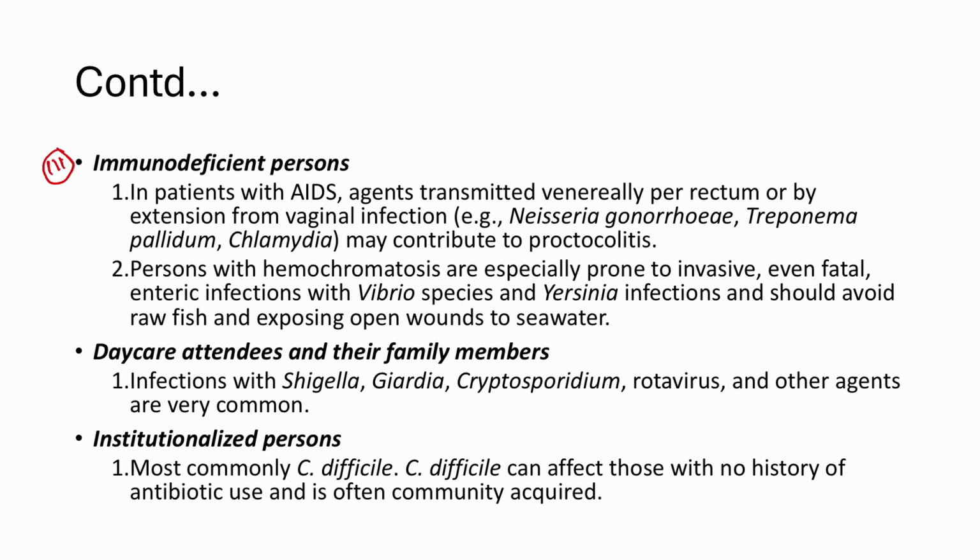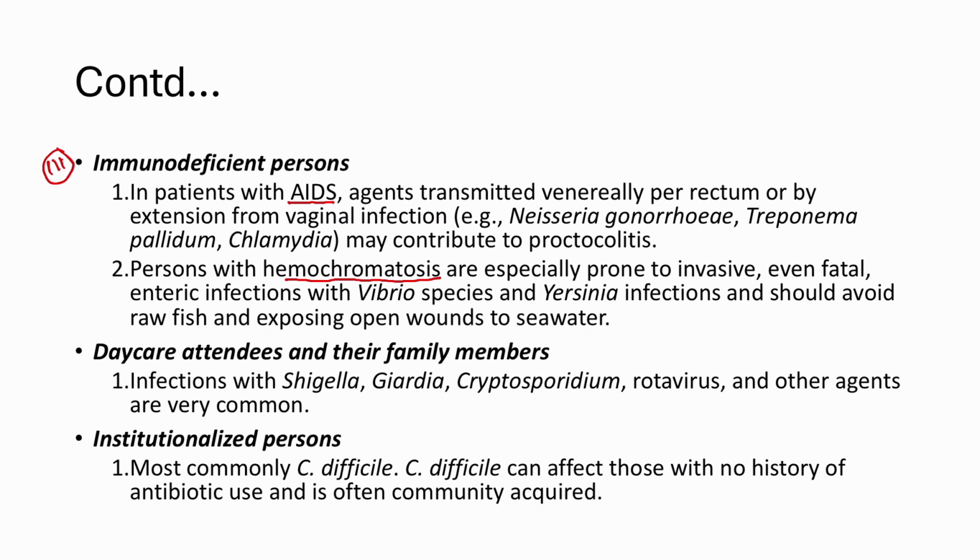In immunodeficient persons, like in AIDS or hemochromatosis, these individuals are more prone to infection with some organisms. For example, AIDS patients are prone to infection from Neisseria gonorrhoeae, Treponema pallidum, and chlamydia, because they are other sexually transmitted infectious causes.